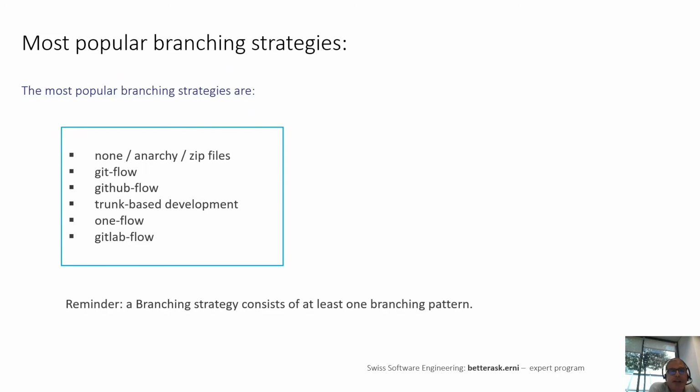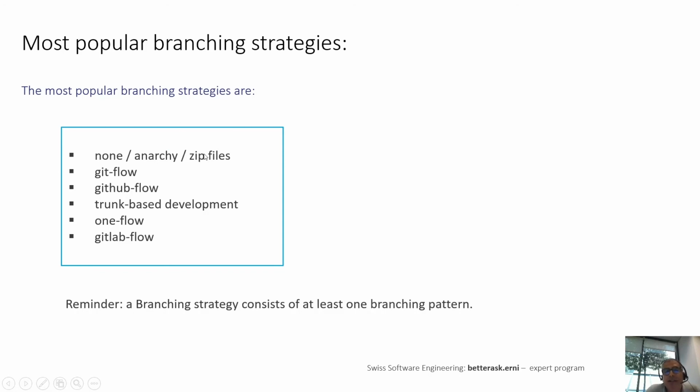Another reminder: I feel I have to do it because I talk a lot, and I'm giving you a complicated morning. A branching strategy is one or more branching patterns. I will explain only the most popular branching strategies.